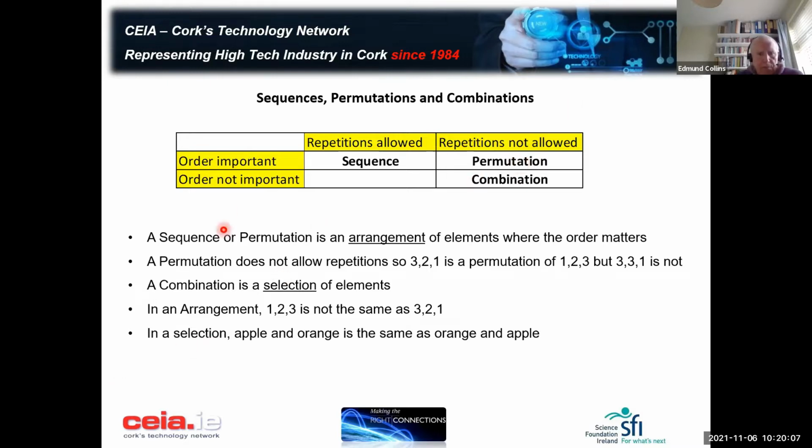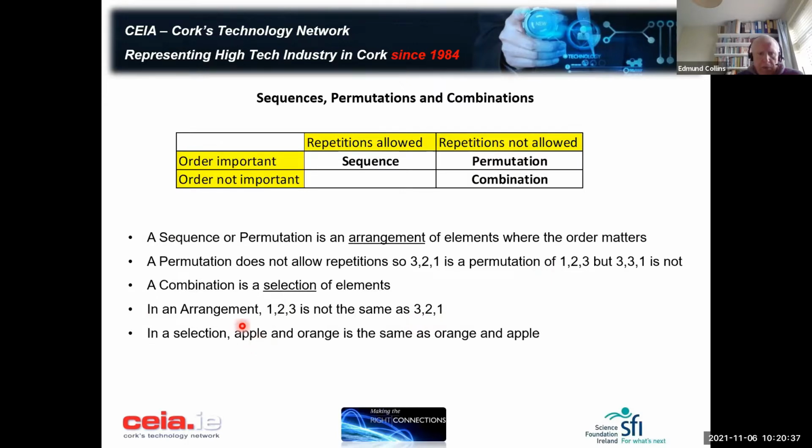So this summarizes what we've talked about. In an arrangement, 1, 2, 3 is not the same as 3, 2, 1. We've talked about that. But in a selection, for example, this would be a combination. An apple and orange is the same as an orange and an apple. So if you look at the logic around that, it's quite easy to understand.